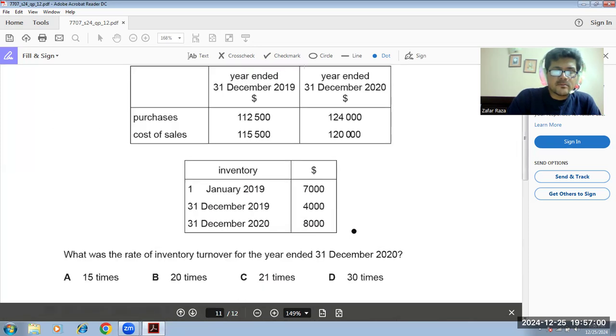32. We have to calculate the inventory turnover for the year ended 31st December 2020.